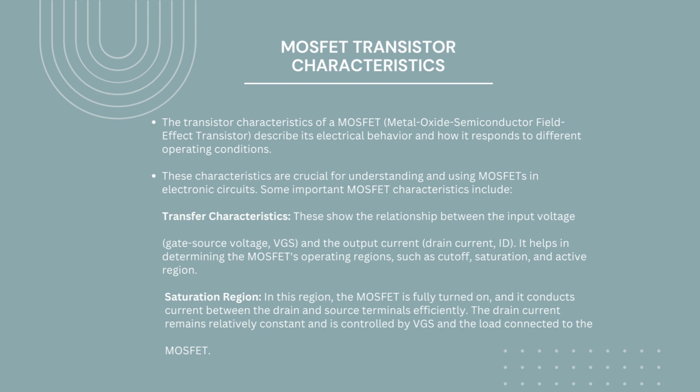Further, we are going to discuss the saturation region. In the saturation region, the MOSFET is fully turned on and it conducts current between the drain and source terminals effectively. The drain current remains relatively constant and is controlled by the gate to source voltage and the load connected to the MOSFET.